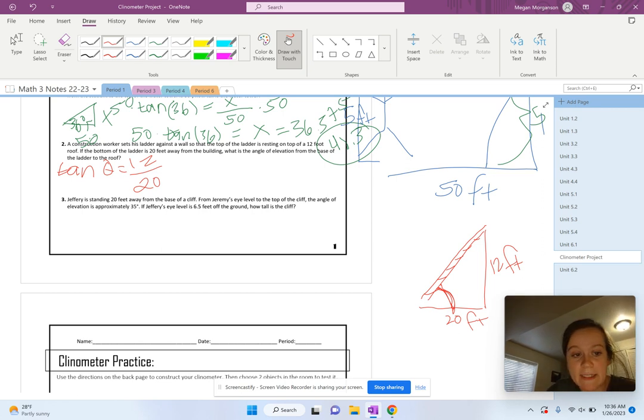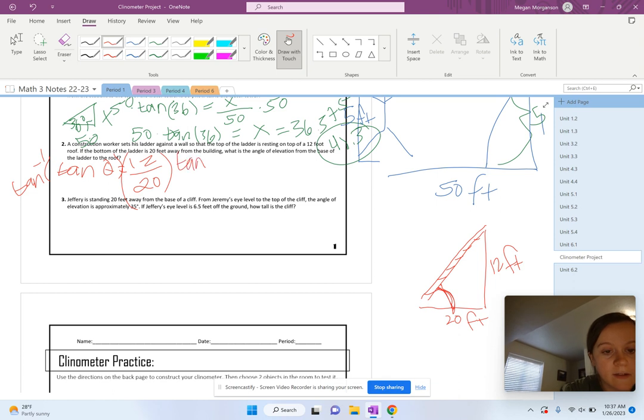Now we need to figure out what theta is. We need to get it by itself. Remember, anytime we have a trig and an angle and we need to figure out what the angle is by itself, we need to get rid of tangent. We can't divide it out because it's not tangent times theta. We need to do the opposite of tangent, which is inverse tangent. So you're going to do that to both sides. Tangent inverse. And so that cancels. We've got theta equals the tangent inverse of 12 over 20.